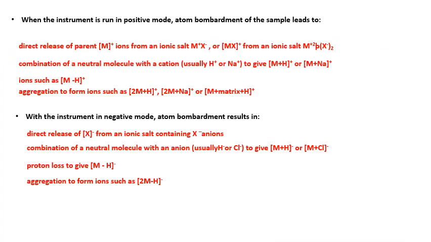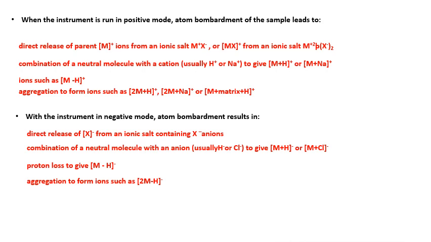When the instrument is run in positive mode, you will see a direct release of the parent molecule, that is a molecular ion peak, from an ionic salt MX, overall M+. So from an ionic salt, there is direct release of the cationic peak, the molecular ion peak, the positively charged peak.